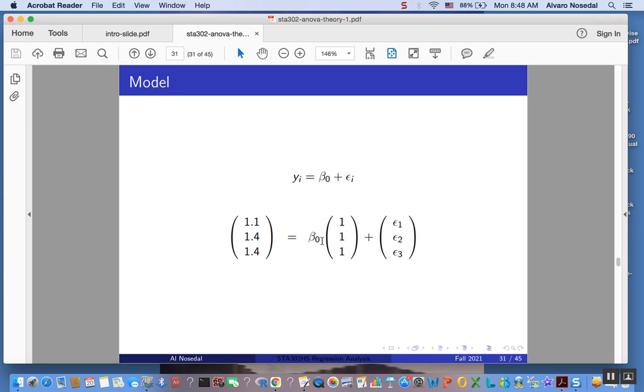You can easily show that beta 0 hat, our estimator of beta 0 in this case, is going to be y bar.